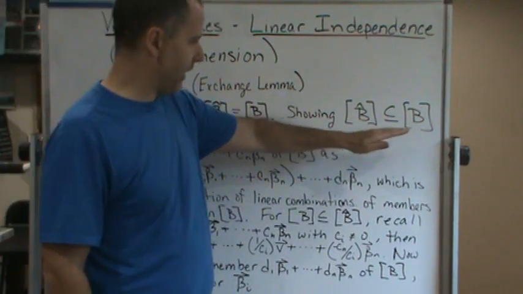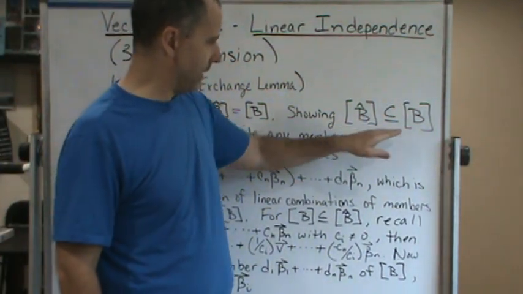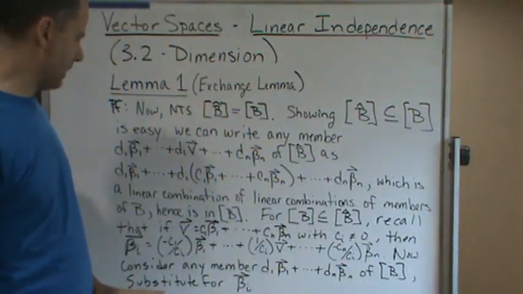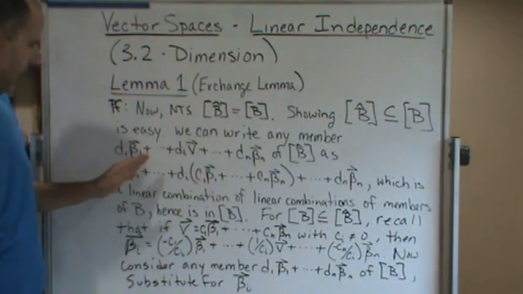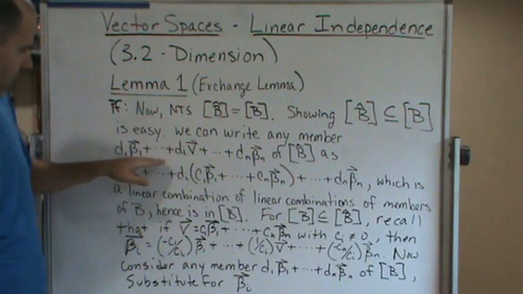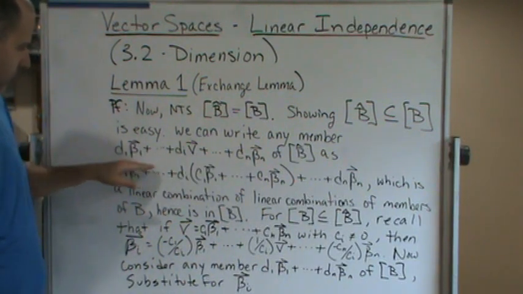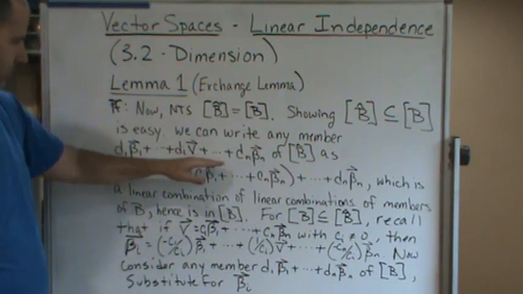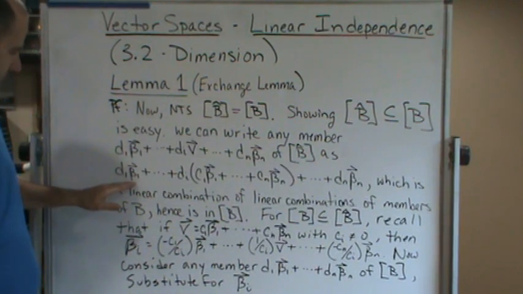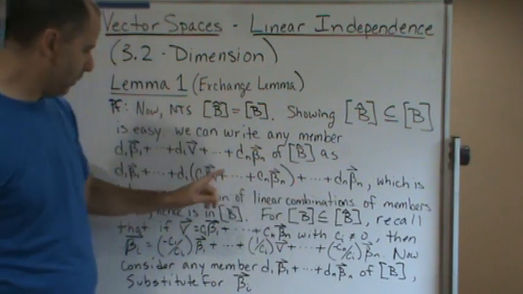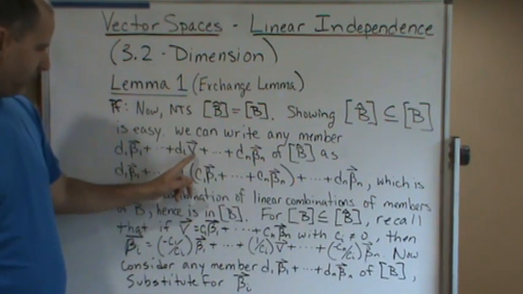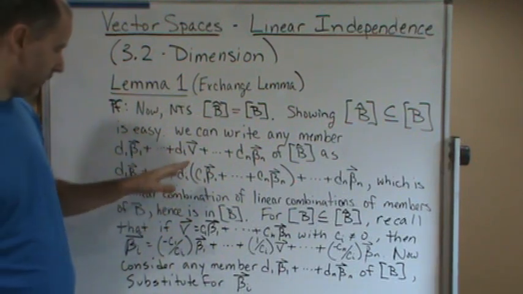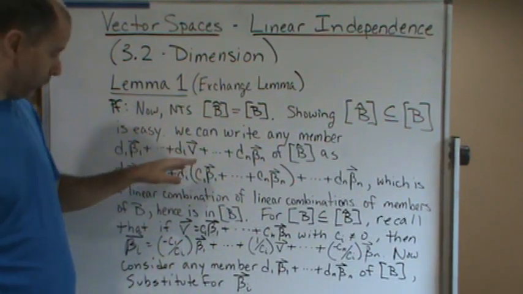Now, showing that the span of B hat is contained in the span of B is easy because we can write any member of span B hat as this, because we can take this and just substitute in, just like in the previous video, the first half of the proof, right?